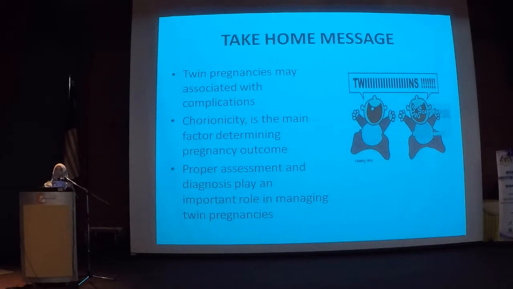Usually what we will do, we will counsel the patient about the risk. First, we will look at the period of gestation when the patient was diagnosed with the one fetal death. We will tell the patient that there are two main theories about the insult to the fetus in one fetal death.